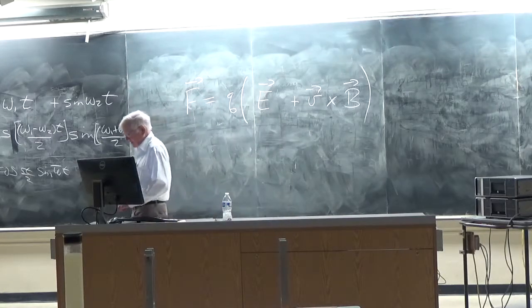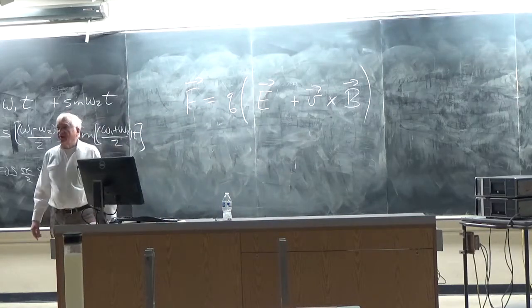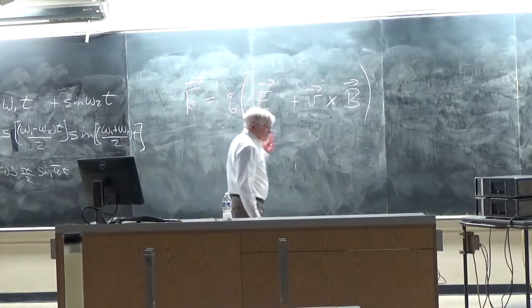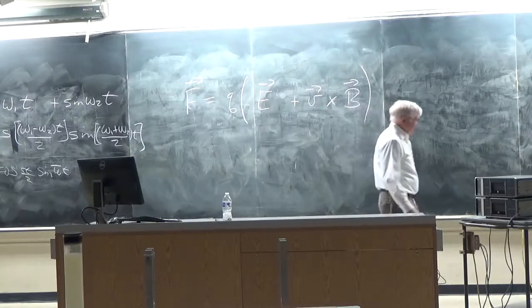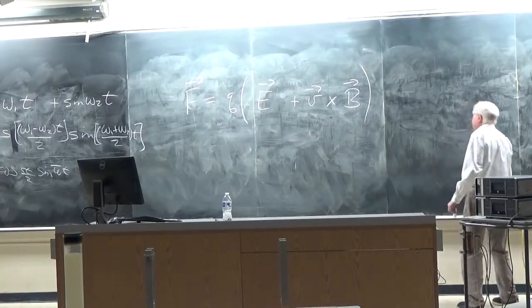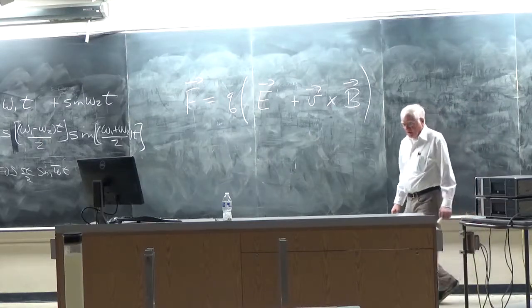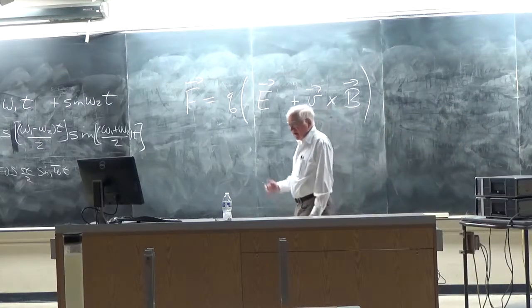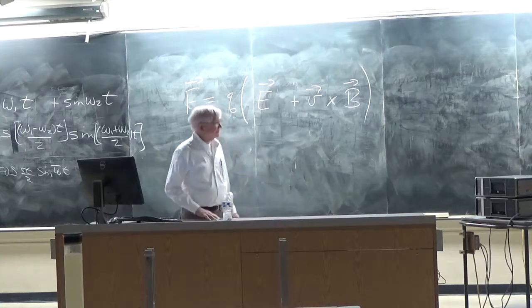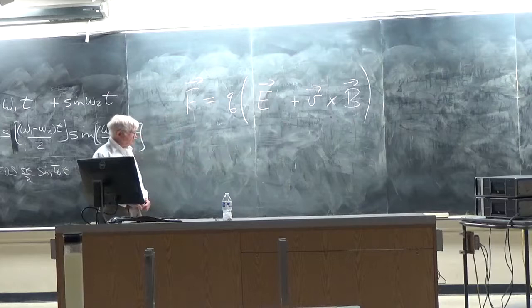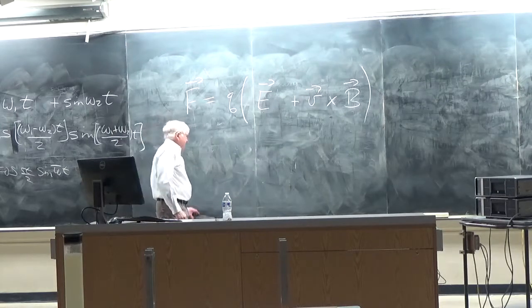Okay, so that's a summary of some of these electrical effects. That's what electric and magnetic fields do to particles. On the other hand, electric and magnetic fields affect each other, and in particular, charges make electric and magnetic fields.